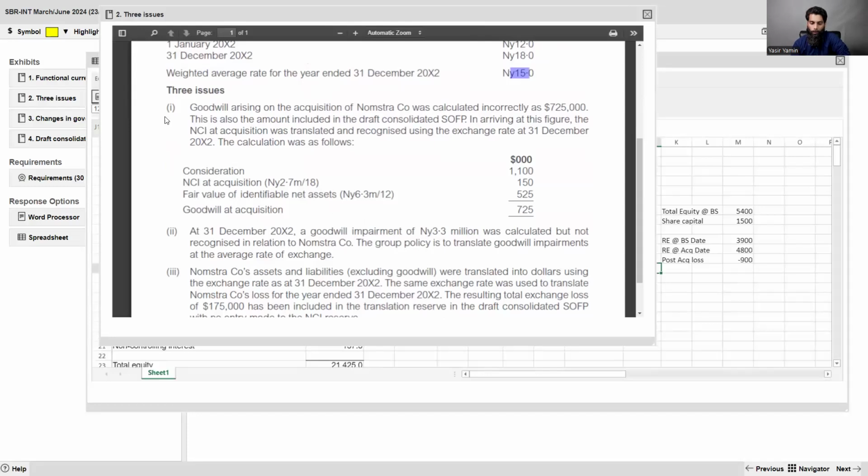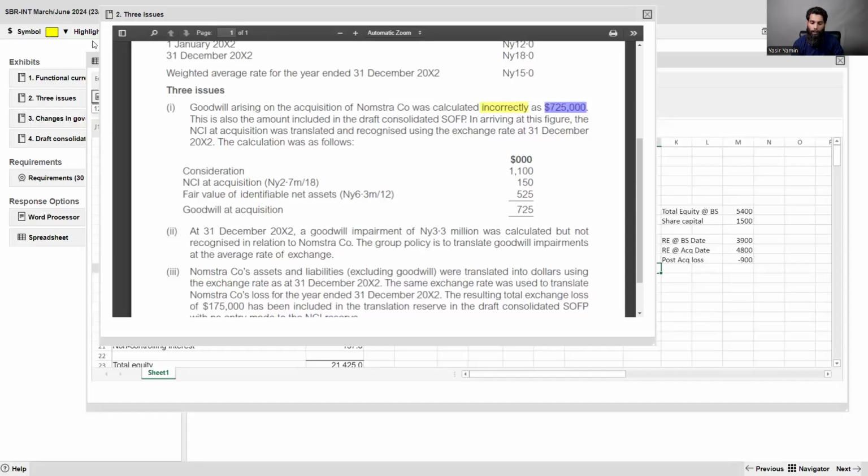The first issue is that goodwill arising on the acquisition of Nomstra company was calculated incorrectly. Please note this down. Goodwill arising on the acquisition of Nomstra company was calculated incorrectly as 725,000.